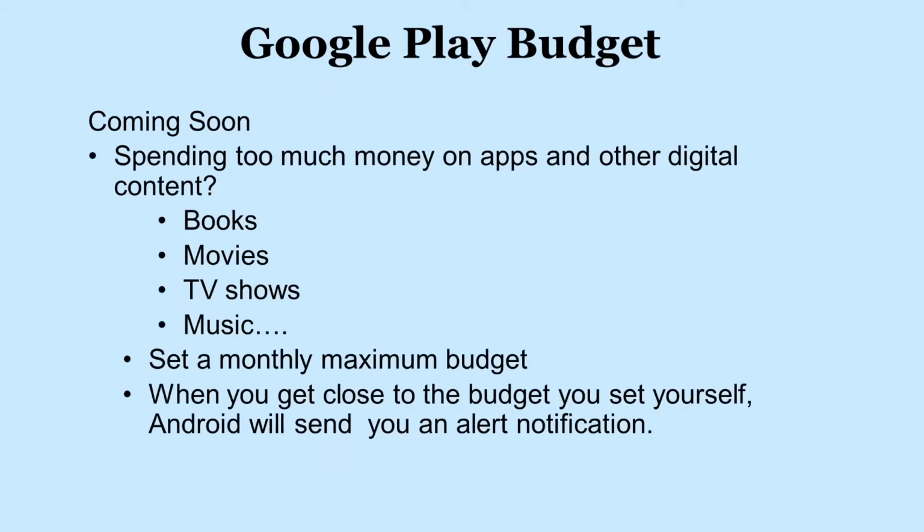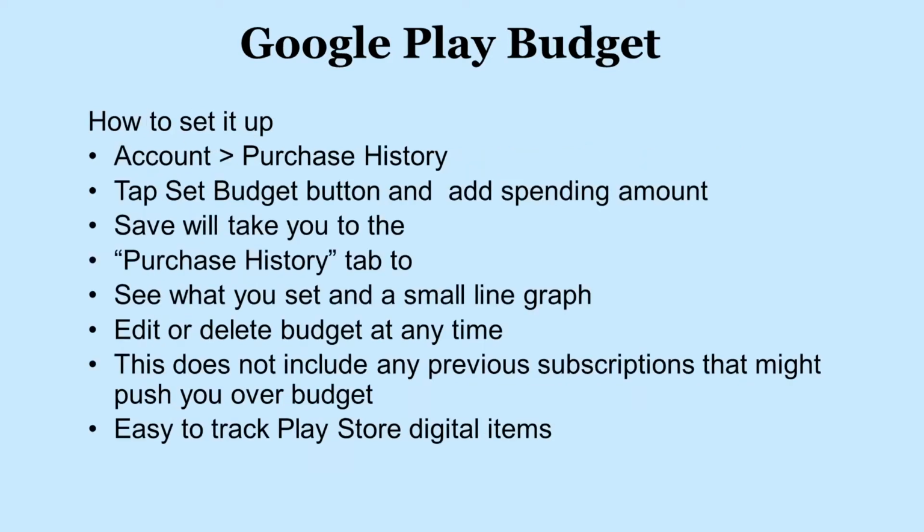Now, they're coming up with a new one, Google Budget. So if you're spending too much money on apps, books, movies, TV shows, you can set a monthly budget. And when you get close to the budget that you set for yourself, Android will send you an alert notification. So for example, you'd go to the account, purchase history, set the budget amount and spending amount, then save it.